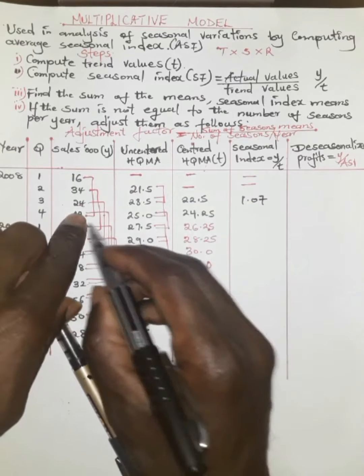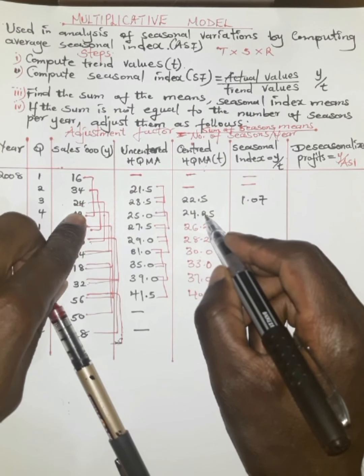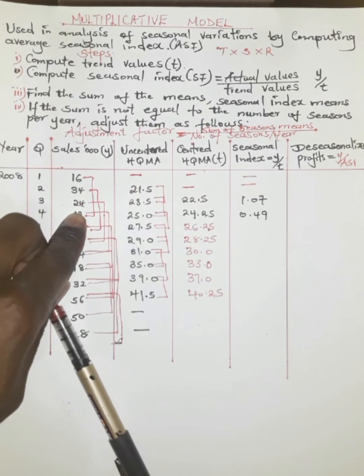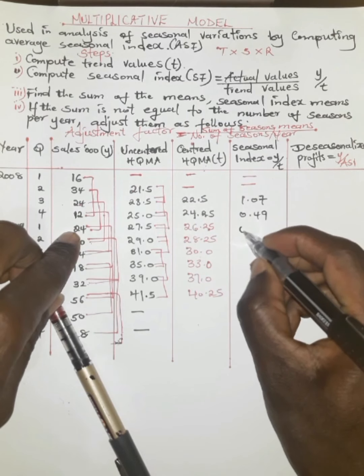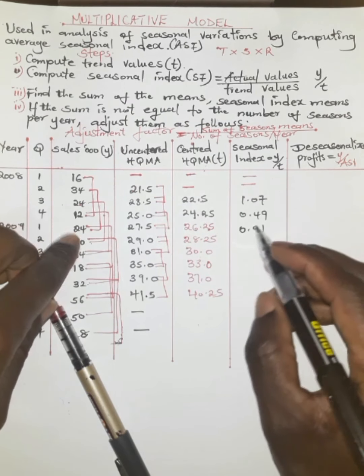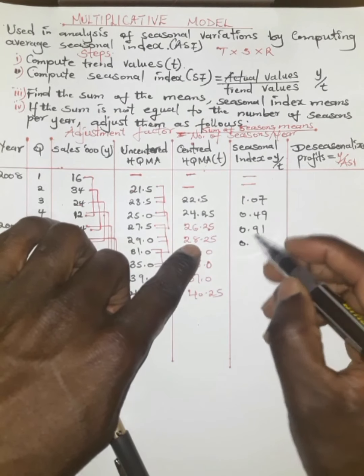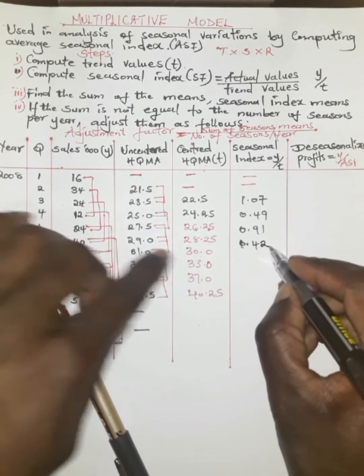Again 12 divided by 24.25, you have a value of 0.49 rounded off. Divide by this, you get a value of 0.91. Divide by this, should have a value of 1.42.